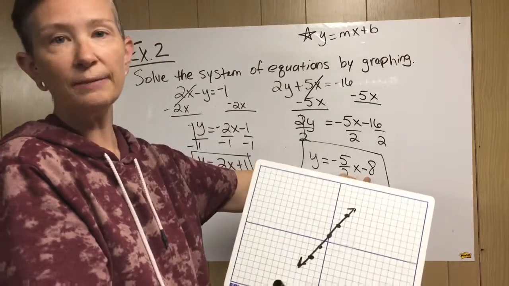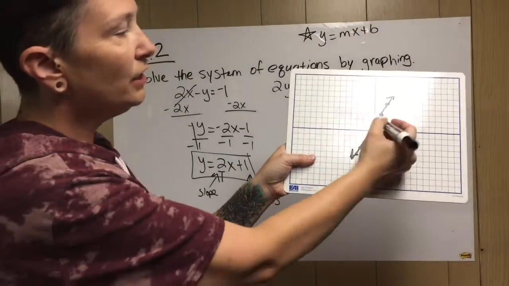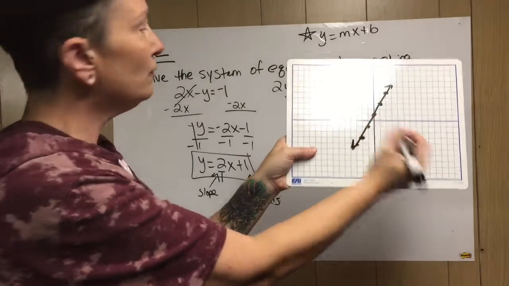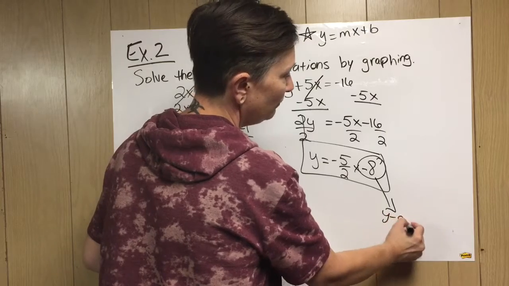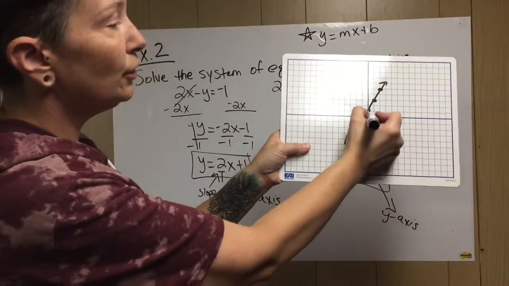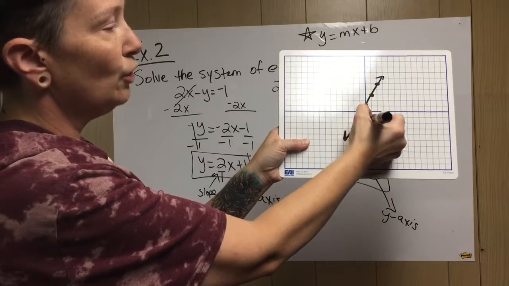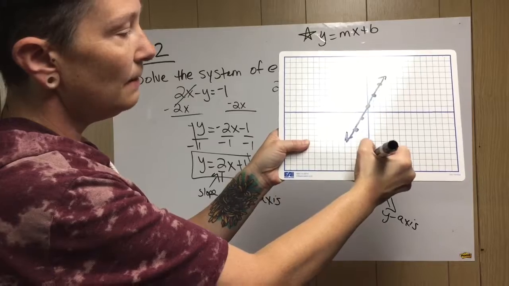Now I'm going to do the same thing for y equals -5 halves x minus 8. So again, I start at my origin 0, 0. This is my y-intercept, so that's where I'm going to put my first point on the grid. It's -8, so I'm going to start on 0, 0 and drop down 1, 2, 3, 4, 5, 6, 7, and 8.